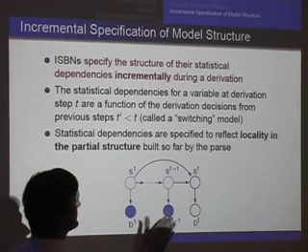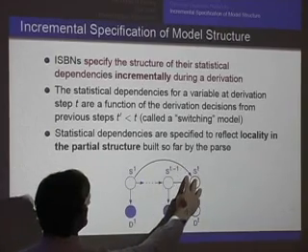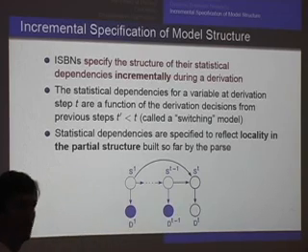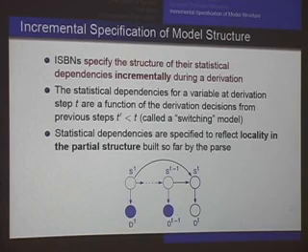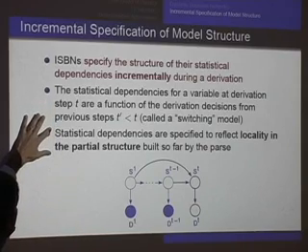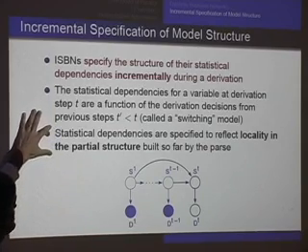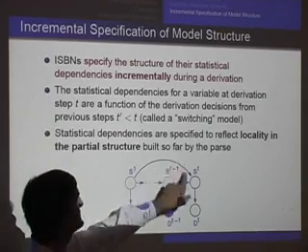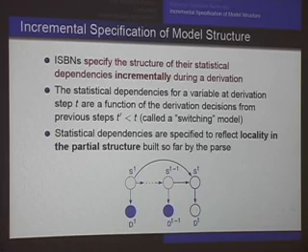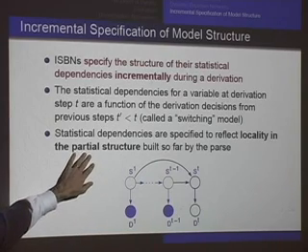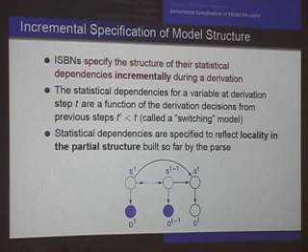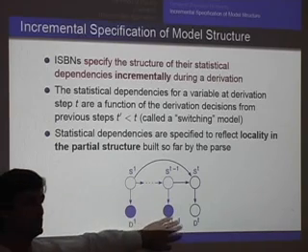We switch the structure of the model here depending on what the visible variables here are. That switching, the definition of these statistical dependencies, is done based on structural locality in the partial structure that's been built up, as defined by this set of decisions that you've already made.